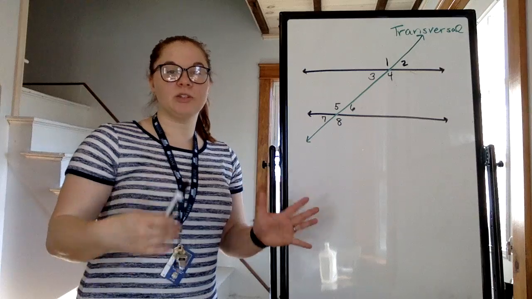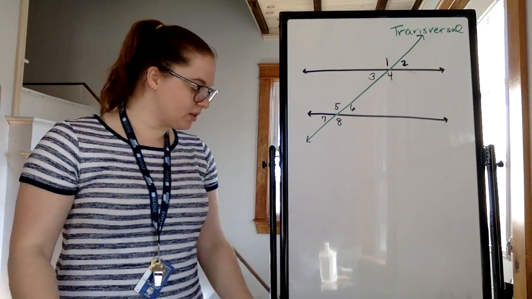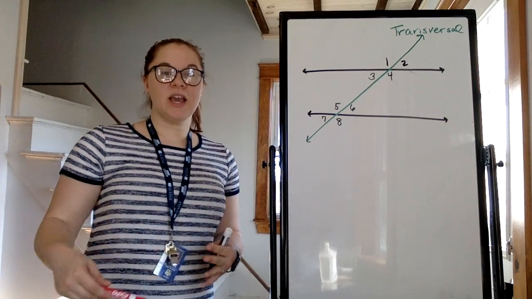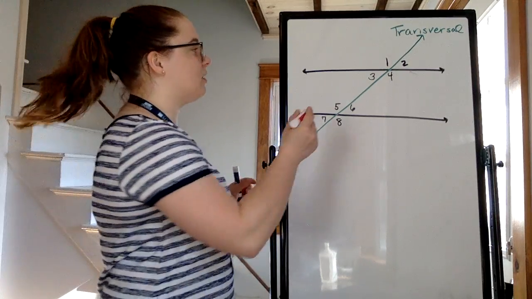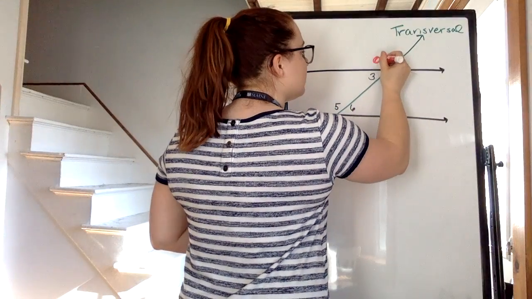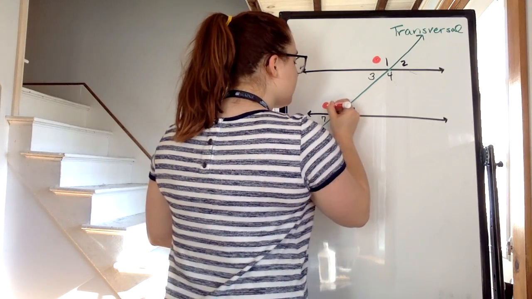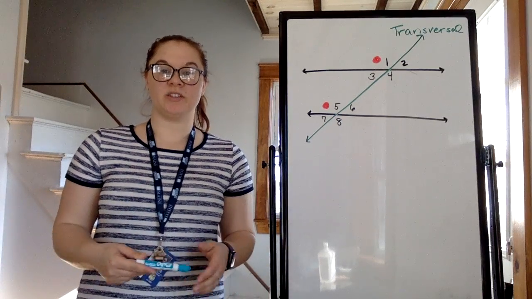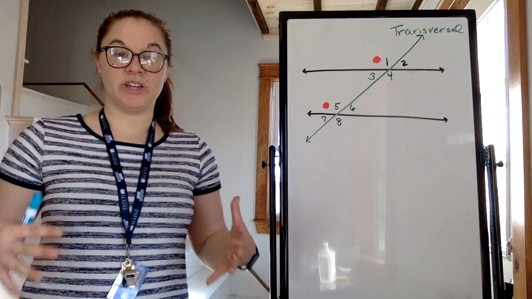So we're using the same diagram we've been using, and so we're talking about alternate interior angles, and it uses the idea of corresponding angles. So we've got our corresponding angles, 1 and 5, and it also uses the idea of linear pairs, angles that are adjacent and add up to 180 degrees.